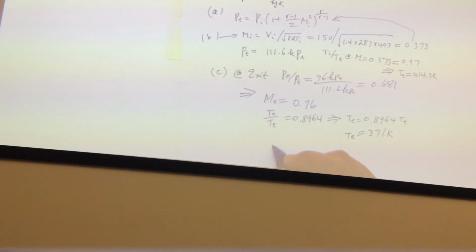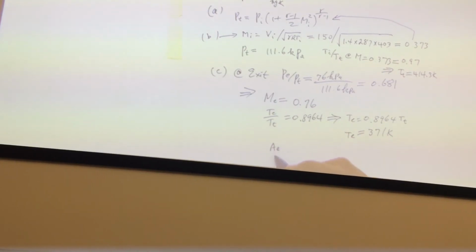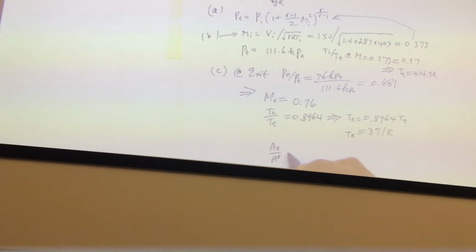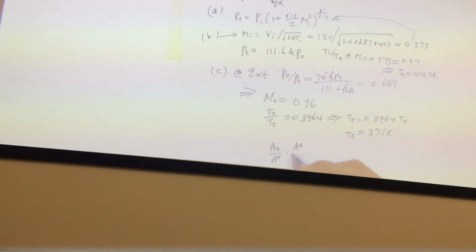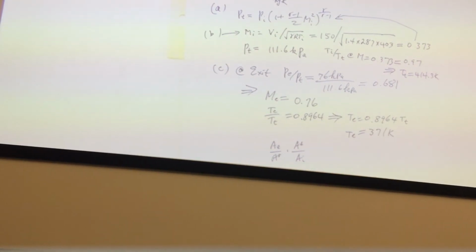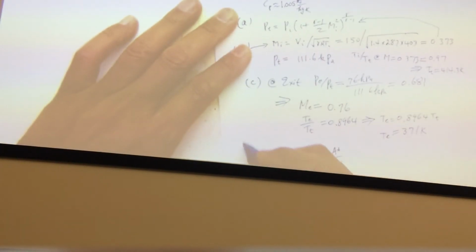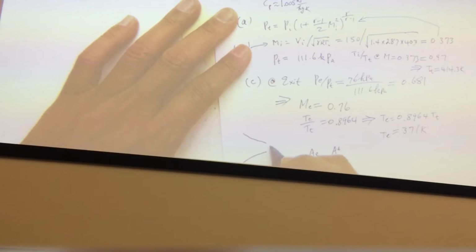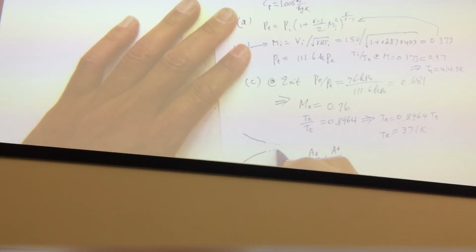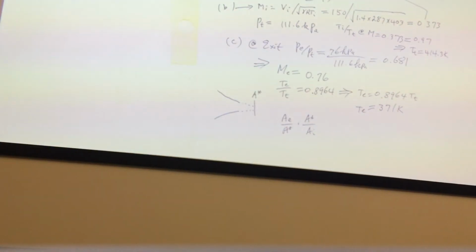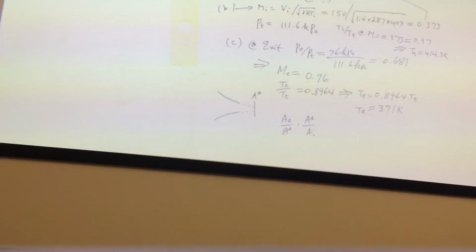And you can have AE over A star times A star over AI. How do you do this? This means you have an imaginary A star here that you can refer to. Right?